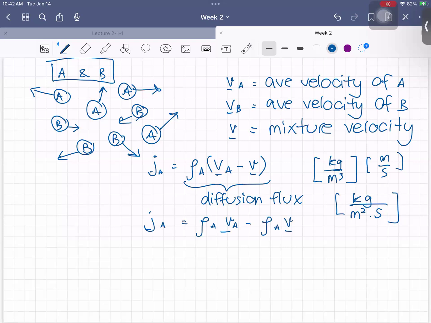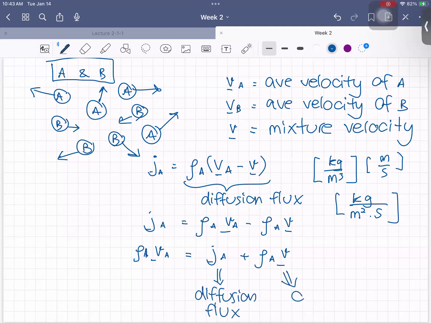Okay, and if I rearrange the equation, it will be rho_A v_A equal to j_A plus rho_A v. All right? So here is a diffusion flux, right? Diffusion flux.